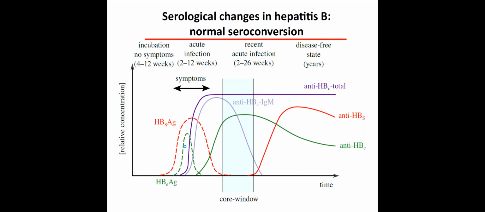This happens normally. Whoever recovers from a hepatitis B infection has a little gap between the antigen and the antibody, and that's the core window. Here you can detect the antibody against the core antigens.